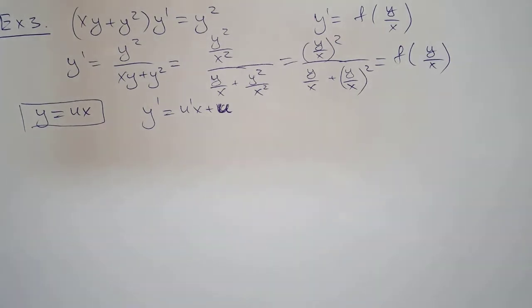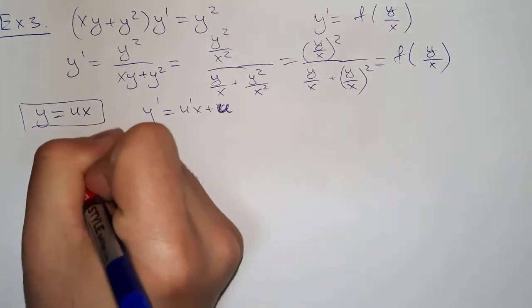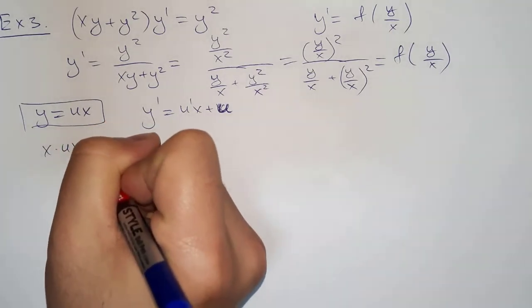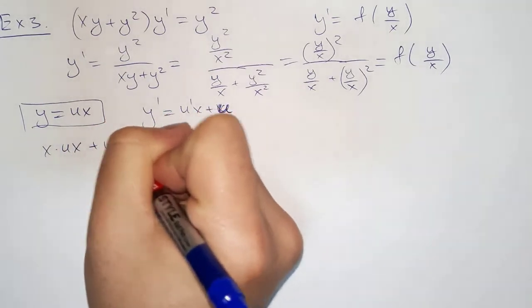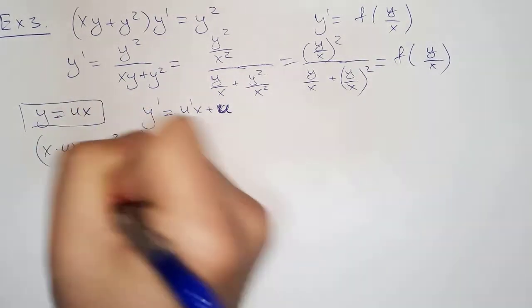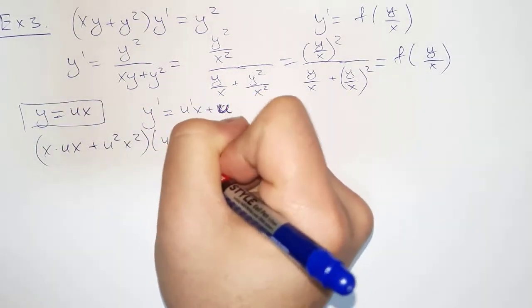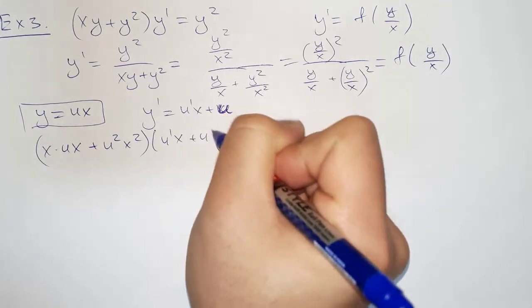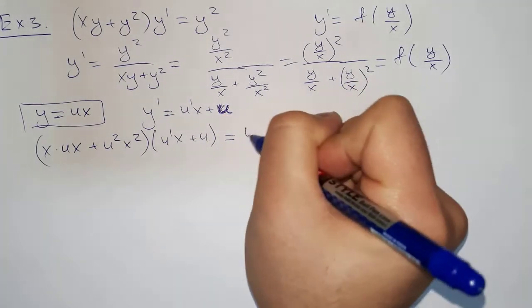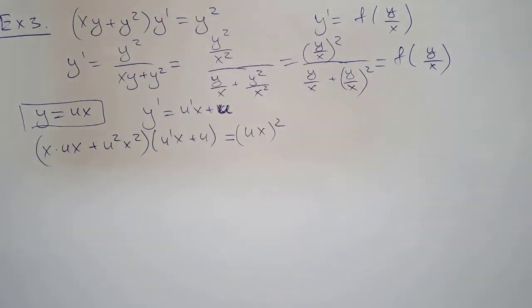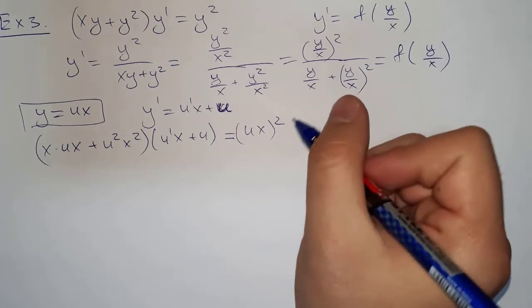Now substituting y and y prime into the given equation, we have x times ux plus u squared x squared, and y prime, it is u prime x plus u, and ux squared. Now let's simplify.